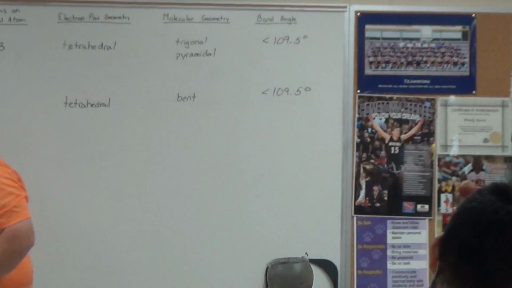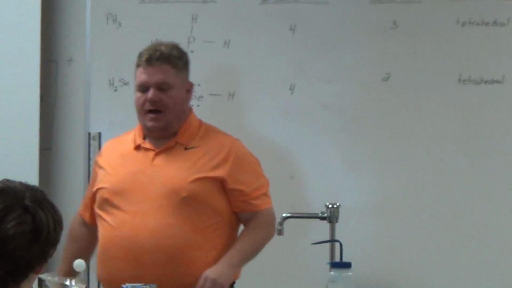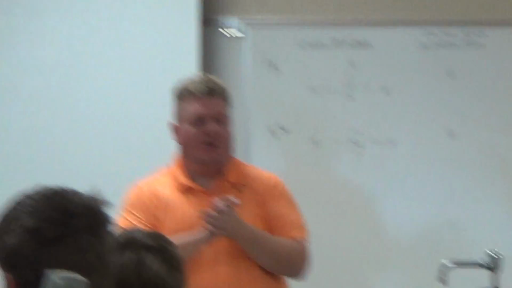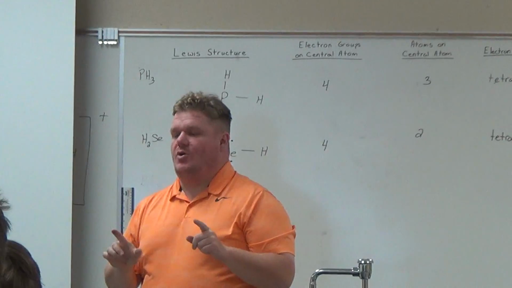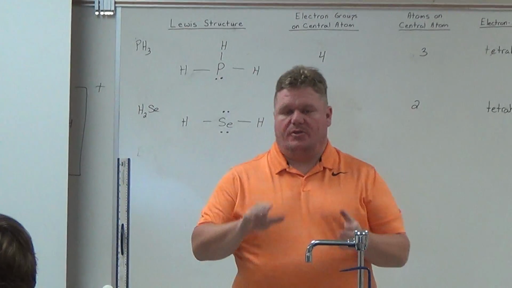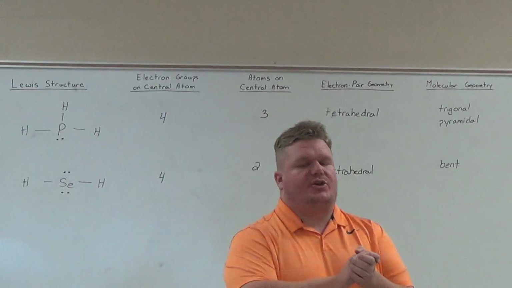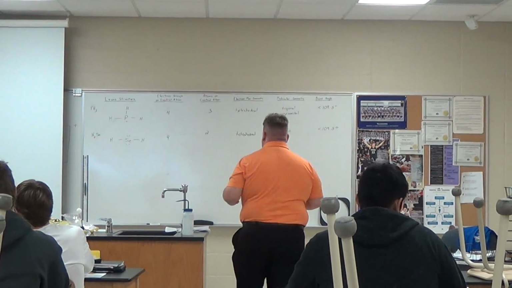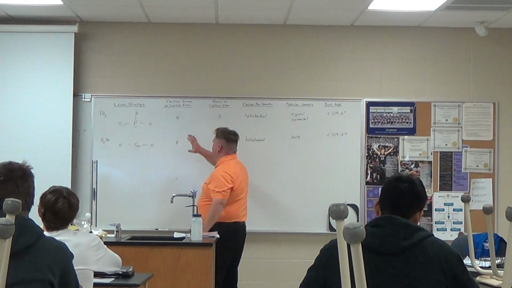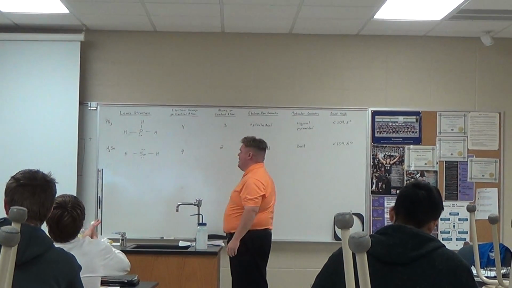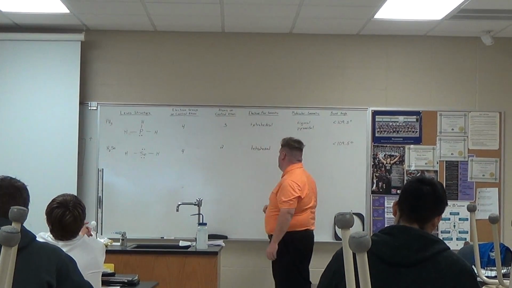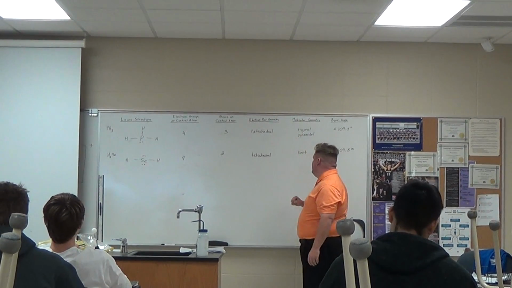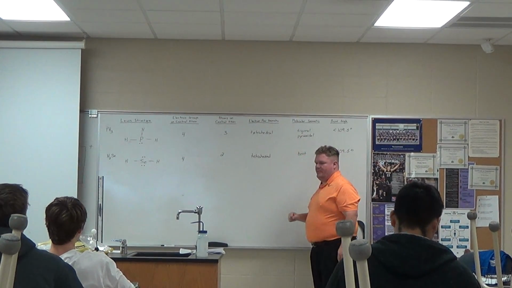All right, we're going to stop here for today. We'll pick up the rest of it tomorrow. Here's what you need to do with this stuff. The point of this is not to have to memorize all of it. For example, you could memorize that if I have 4 groups of electrons on the central atom and 2 atoms, then I have a tetrahedral electron pair geometry and a bent molecular geometry.